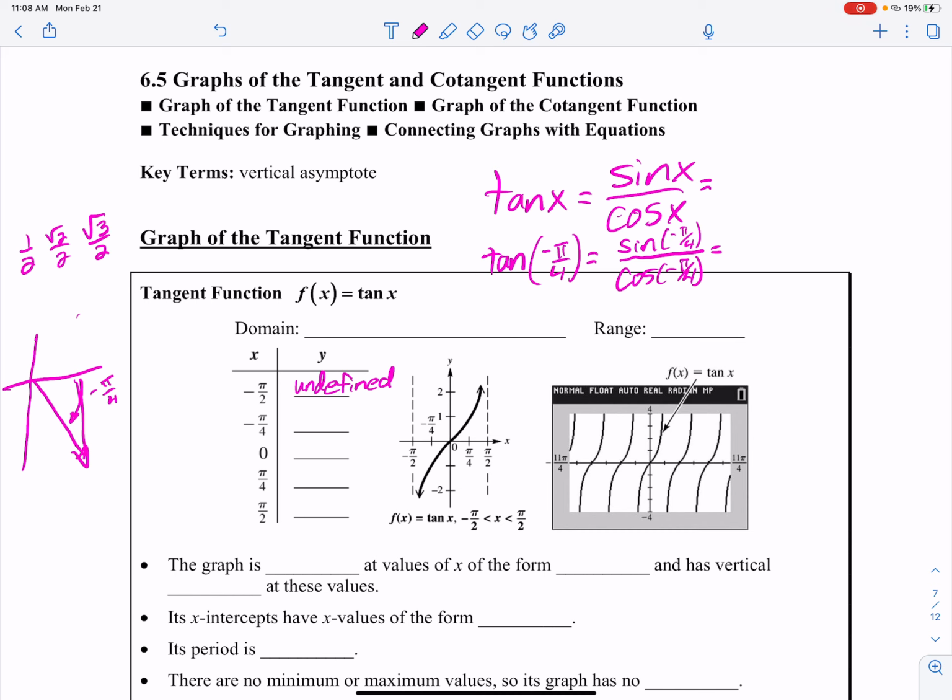This is the middle value. That tells me that these sides of this triangle are the same, and they're the one in the middle. Right? Remember, pi over 4 is that diagonal triangle where we get x and y being the exact same. Now we ask ourselves, okay, I know it's going to be the same in the numerator and in the denominator because x and y of this triangle are the same.